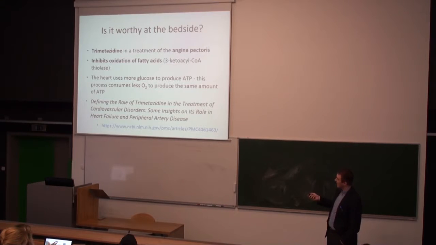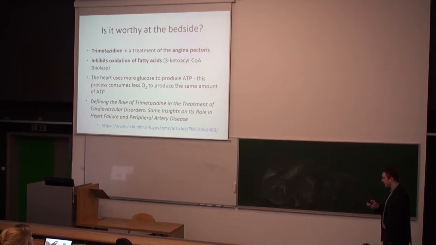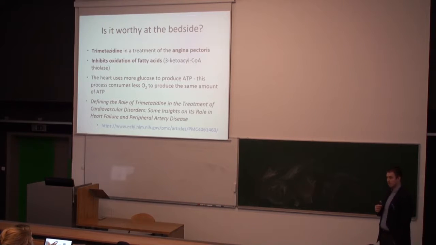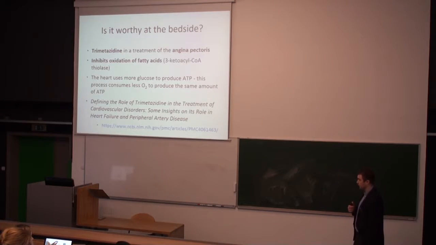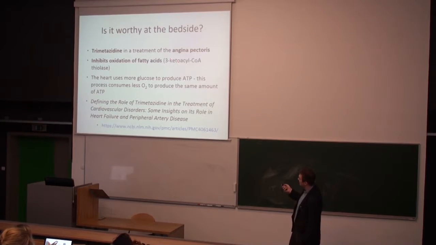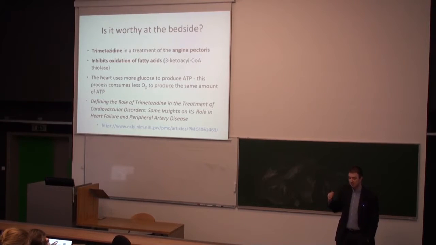The drug is called trimetazidine, and it modulates the energy metabolism of our cells. It blocks the beta oxidation at the level of this enzyme, and therefore it limits the ability of our cardiac cells to oxidize fatty acids.